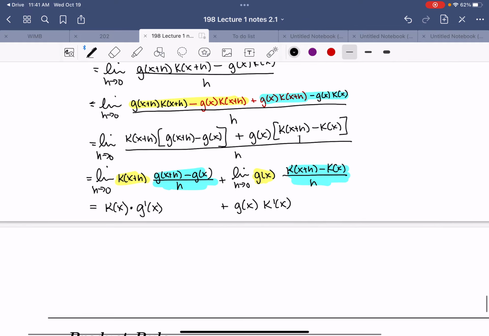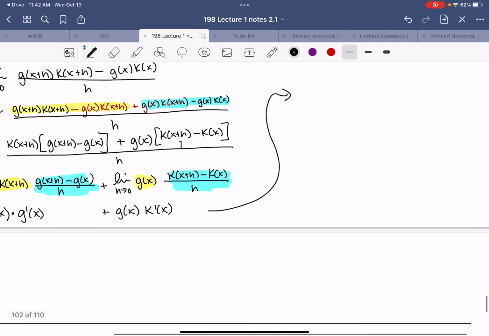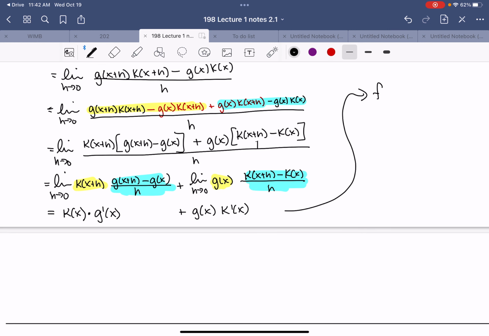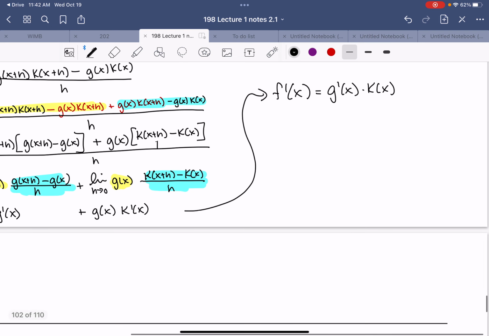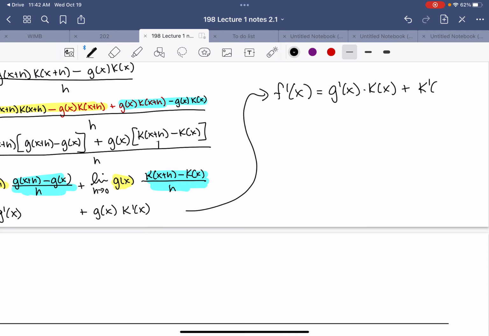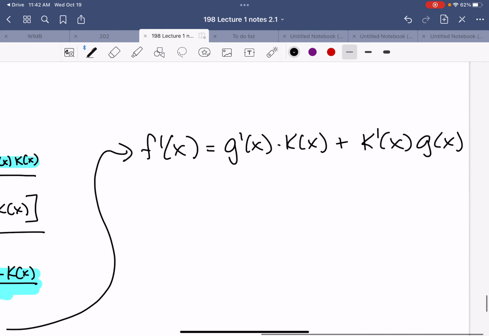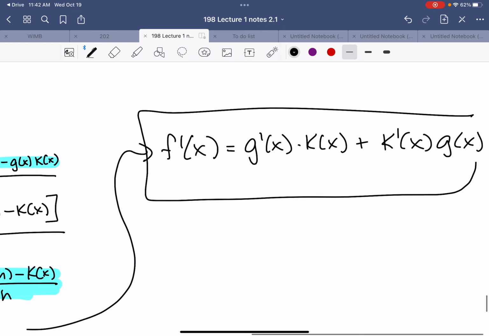So here's what we end up with. We end up with that f prime of x is, and I'm going to reorder them because when I'm multiplying and adding, I can reorder. So this is g prime of x times k of x plus k prime of x times g of x. So this is what becomes the product rule.